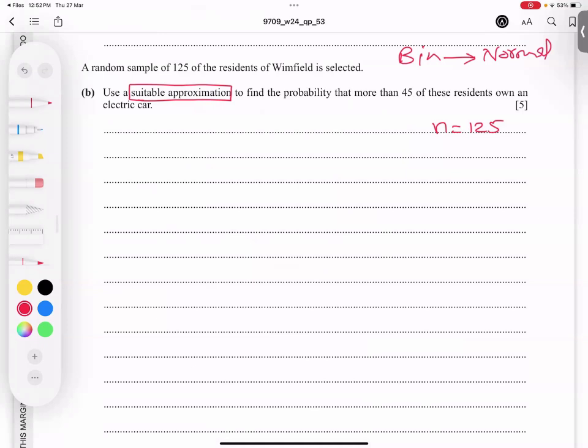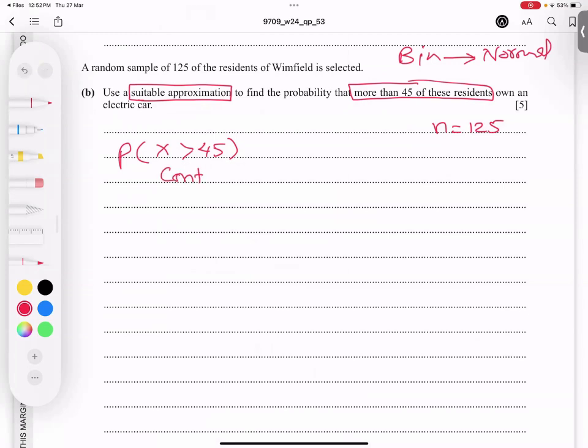He's saying find the probability that more than 45 residents own an electric car. So X is more than 45. For this kind of question, whenever suitable approximation comes, we go for continuity correction.